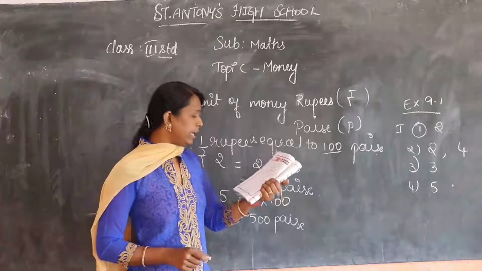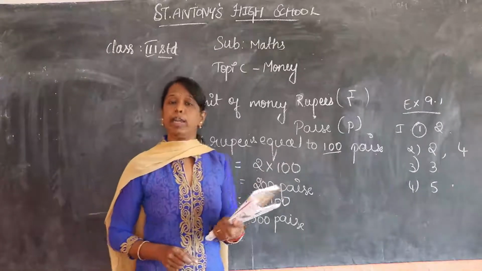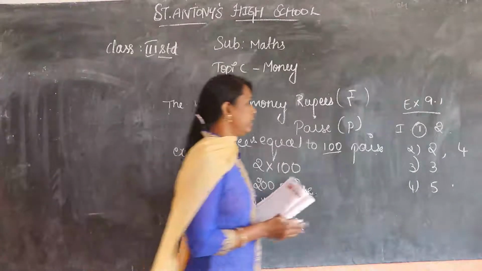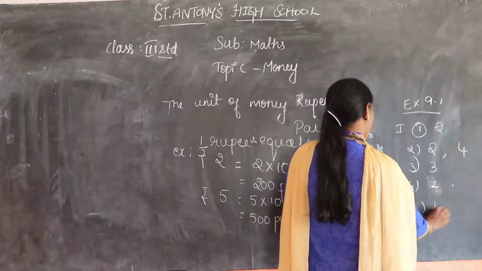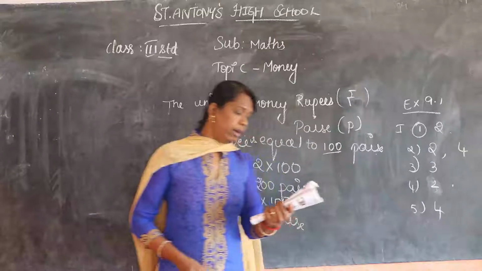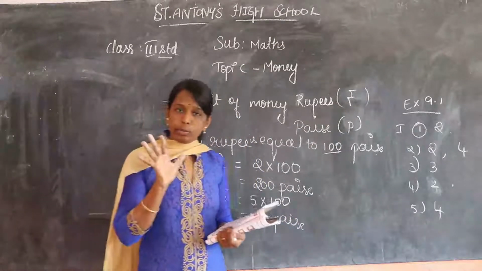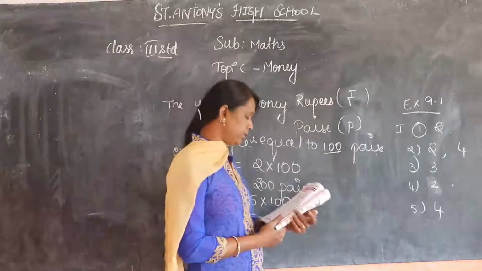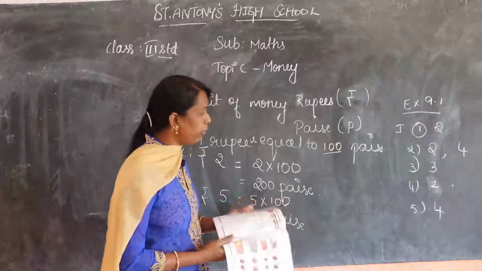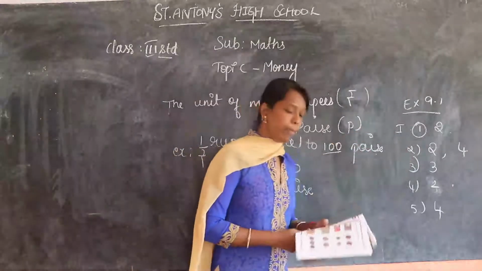And there are dash 5 rupee coins in 20 rupees. The answer is 4. Like that you have to fill in your textbook using your pencil.